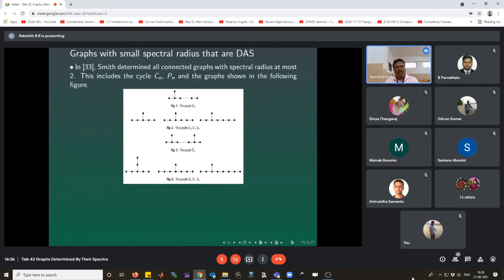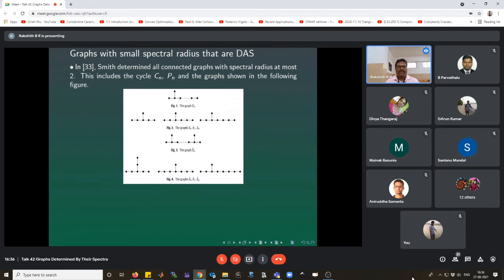In the literature, you can also find some graphs with small spectral radius that are determined by the adjacency spectrum. Smith determined all connected graphs with spectral radius at most 2.